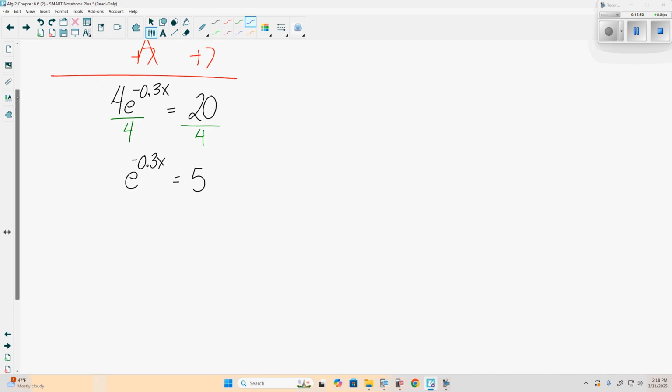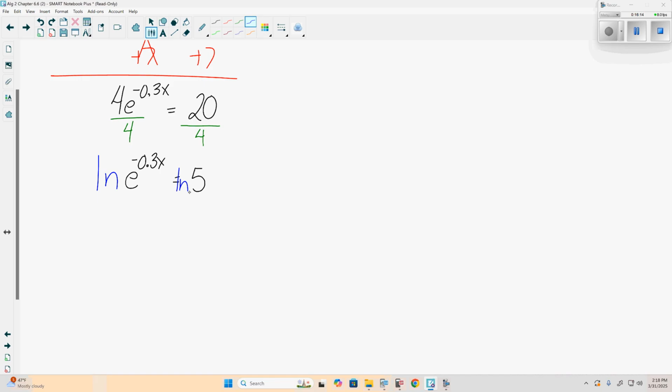Questions on any of this here? Well, now we can apply our log to both sides, yes? What log had a base of e? ln, it's our natural log. Natural log was the one that had the base of e.